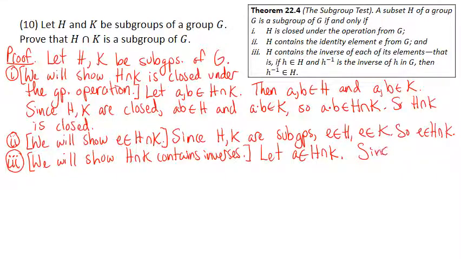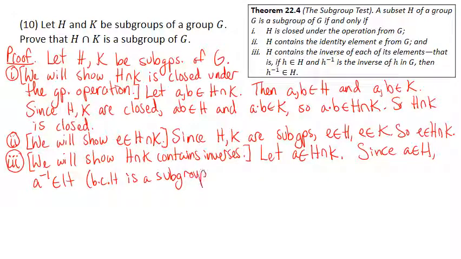So since A is in H, that means that A inverse is also in H, because H is a subgroup. Sorry, this is a little sloppy. And since A is in K, A inverse is also in K for the same reason, because K is a subgroup.